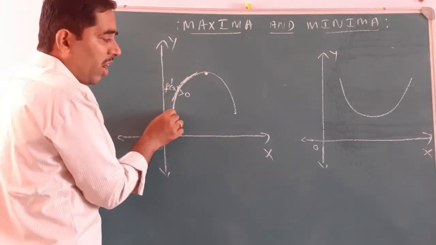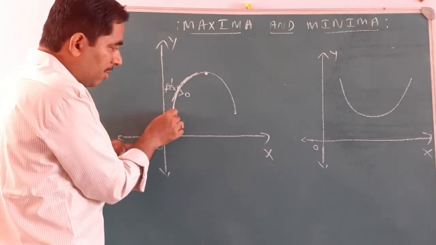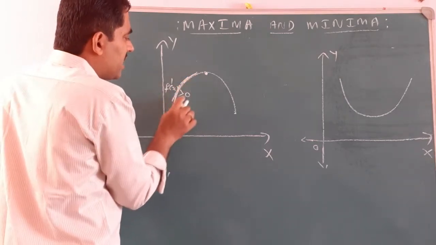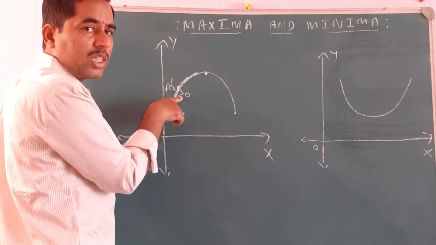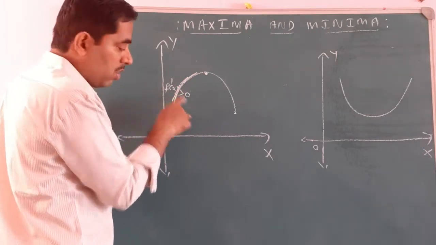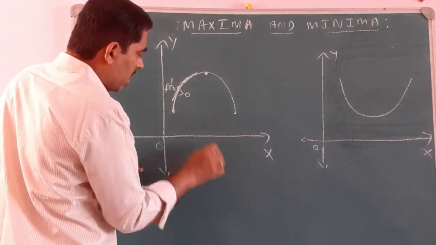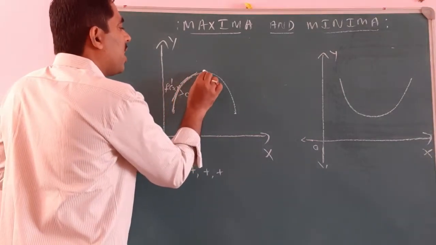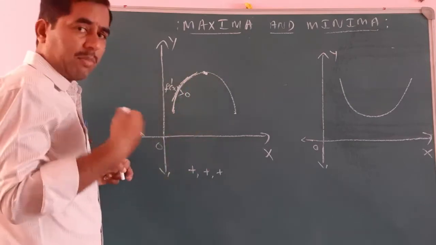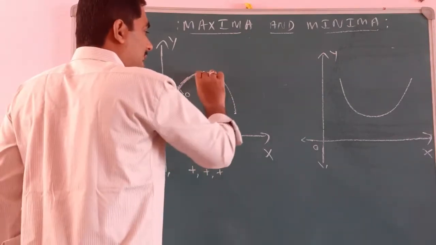From this point, observe the shape of the curve. It is increasing, that is, the slope of the tangent to the curve is positive. Up to which point is it positive? It reaches a certain point and passes through this point.